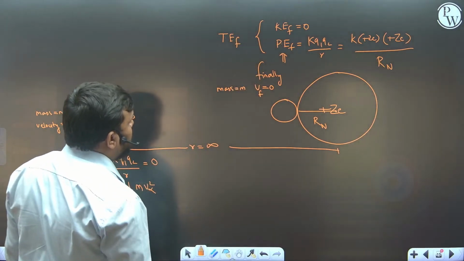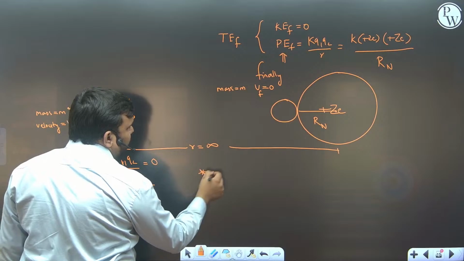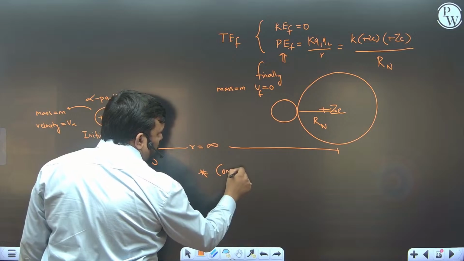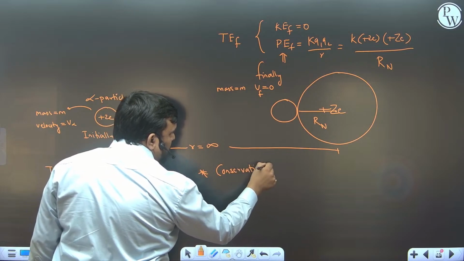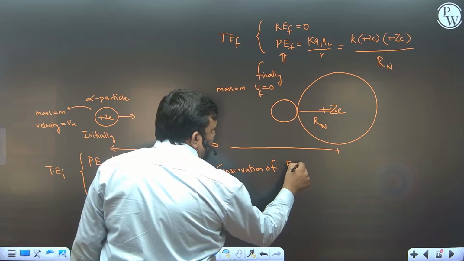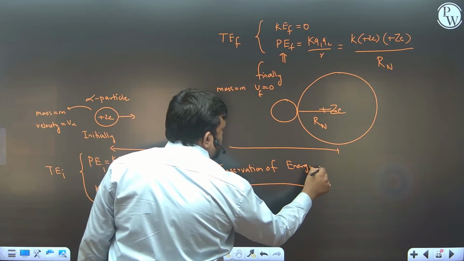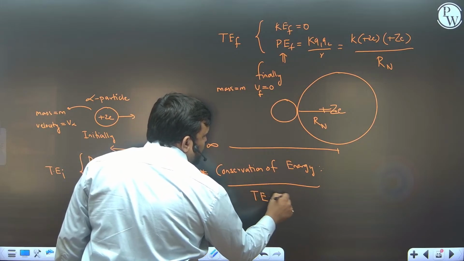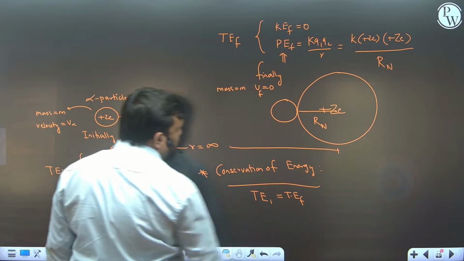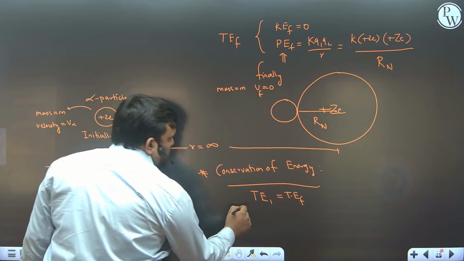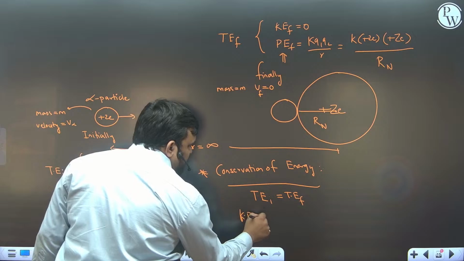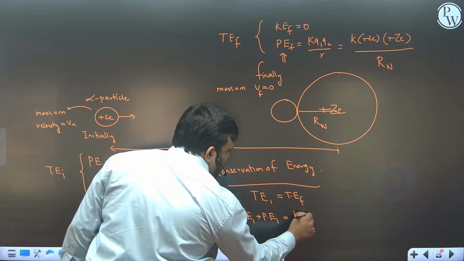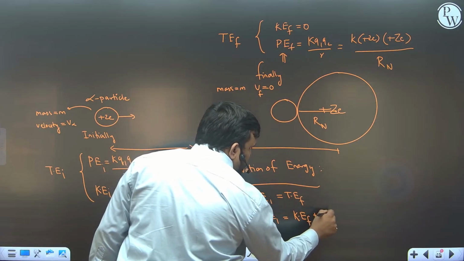So let us see the distance of closest approach by using conservation of energy. All the total energies, initial and final, will be equal by the conservation of energy. So it will be kinetic energy initial plus potential energy initial equal to kinetic energy final plus potential energy final.